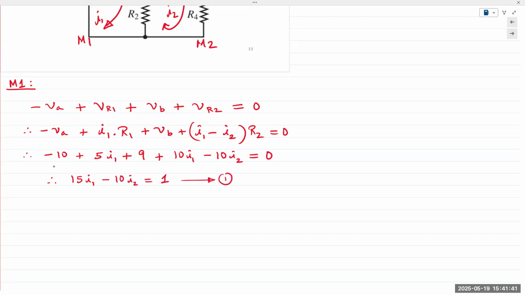Let's call that equation number 1. -10 plus 9, -1, -1 on the other side gives you +1. And 5 I1 plus 10 I1, 15 I1 minus 10 I2. Okay. So far, so good.